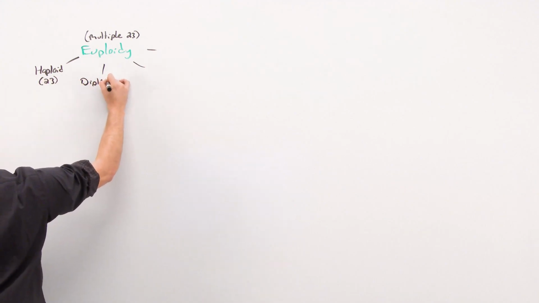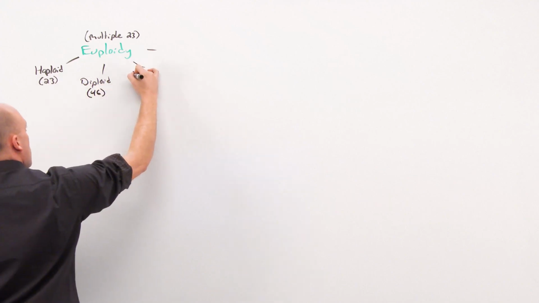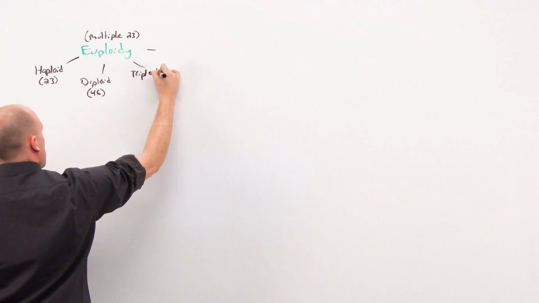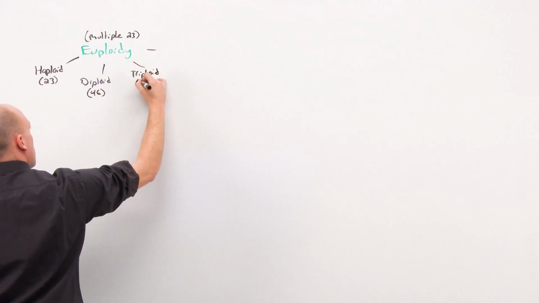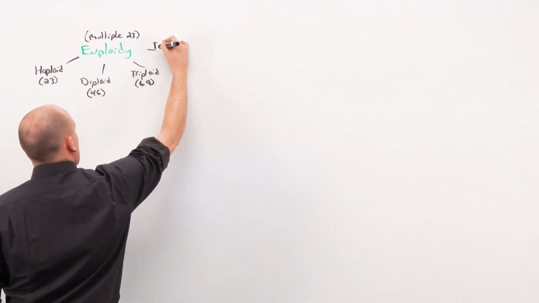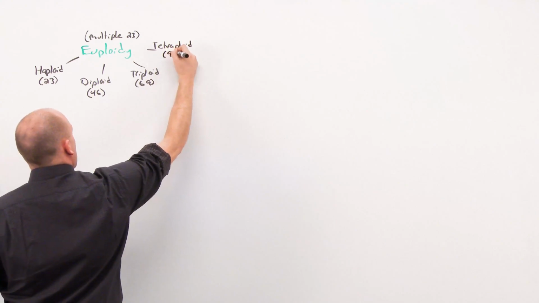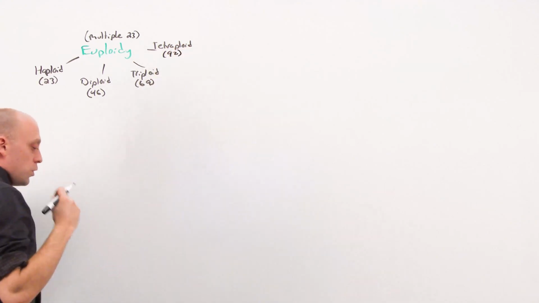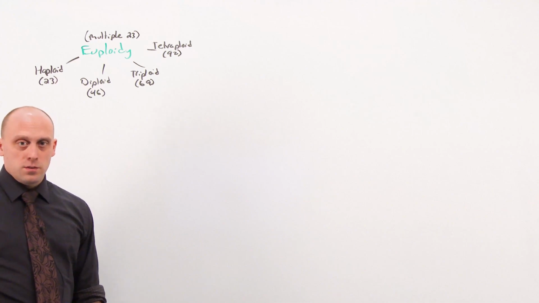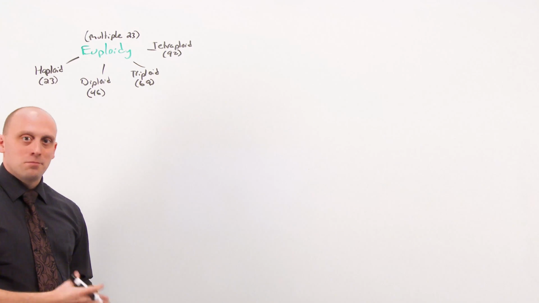Diploid, where we have 2 complements, it's 46. If we have 3 complete complements, it's triploid, 69. And if we have 4 complements, it's tetraploidy, 92 chromosomes. So euploidy doesn't mean the right number. Euploidy means any multiple of the correct amount.